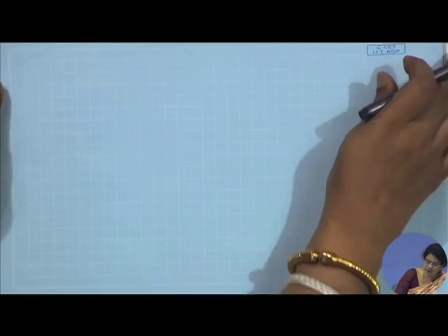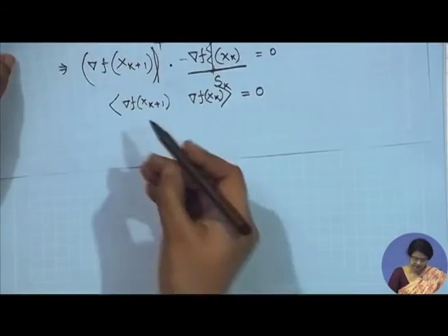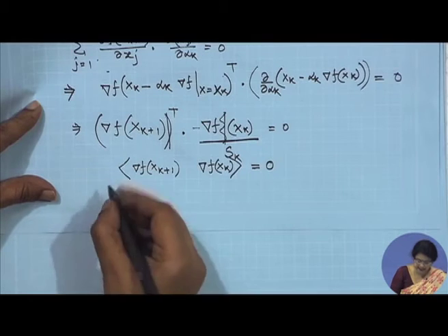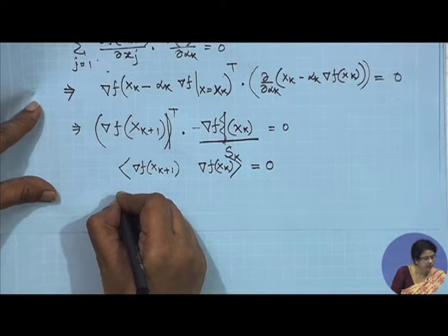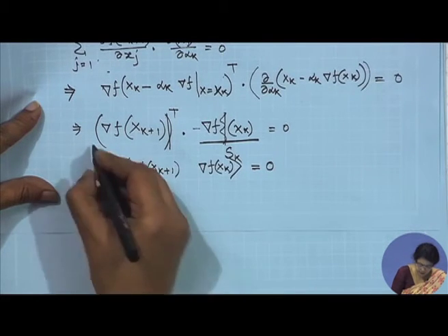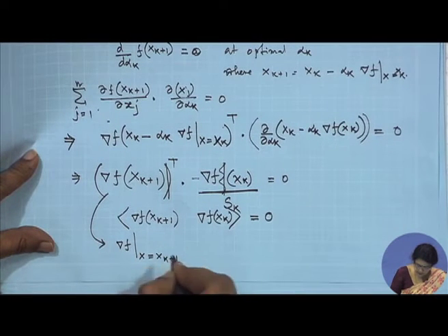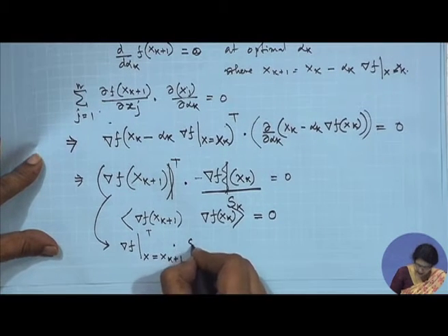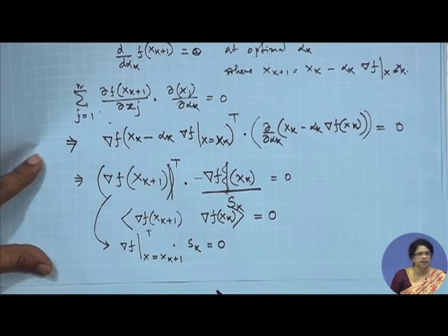Because just now, if you remember, we were proving this fact. What is that? Grad of f at x equal to xk plus 1, transpose, dot sk is equal to 0, alright.